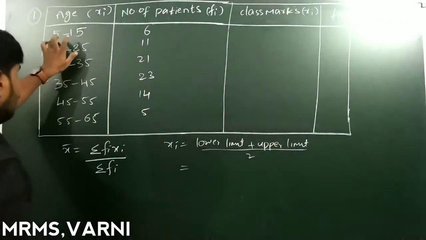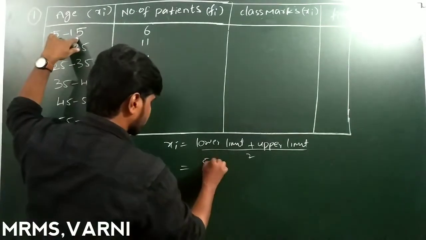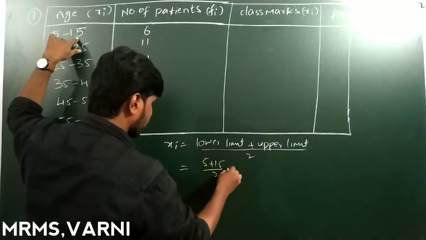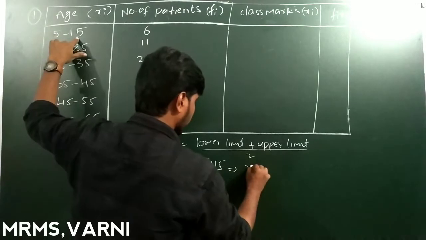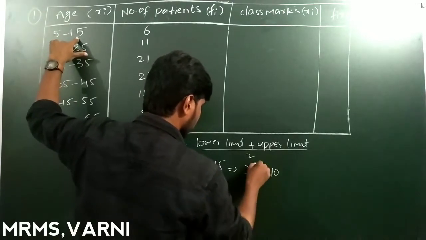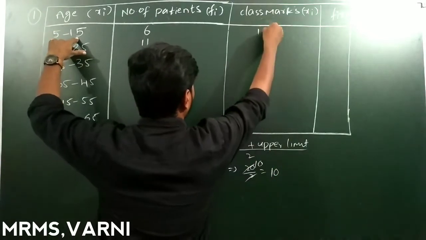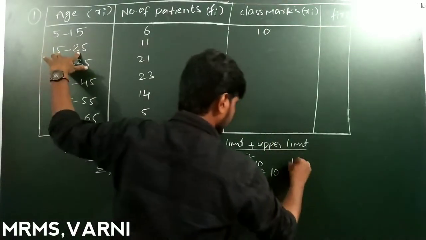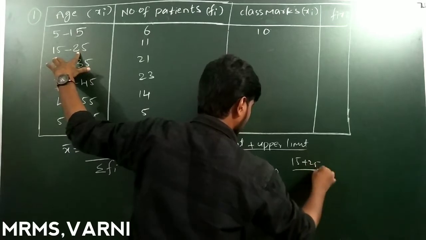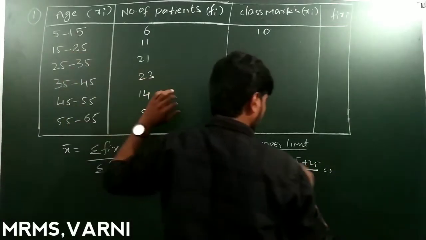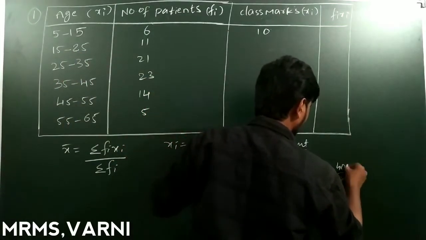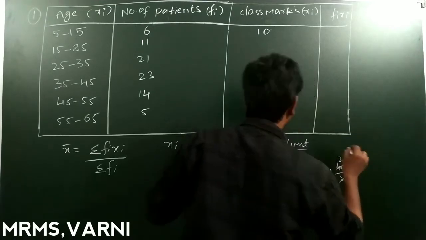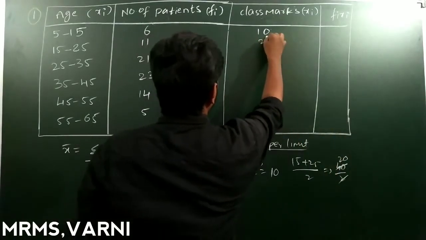So look at first one. 5 plus 15 by 2, nothing but 20 by 2, 10 it is. First one is 10. Second one, 15 plus 25 by 2, nothing but 40 by 2. So nothing but 20. So here it is 20.